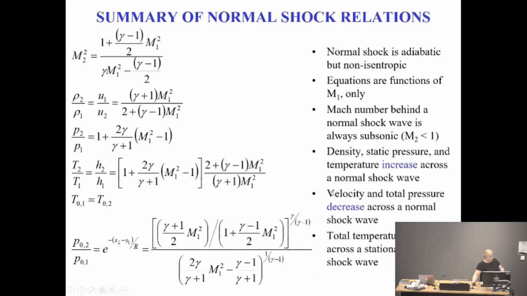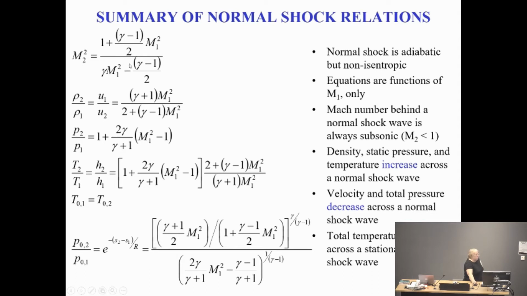Okay, so these are the same things all written down, except for a couple of others. Now, the top one, M2 squared, that's the Mach number on the other side of the shock. Notice that, as messy as it looks, it's actually not too bad because it's just got gamma equal to 1.4 in it. The important thing is it's just Mach number 1 that's in there. There's no other Mach number.